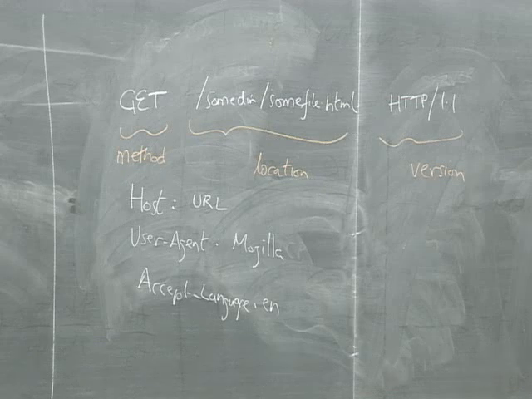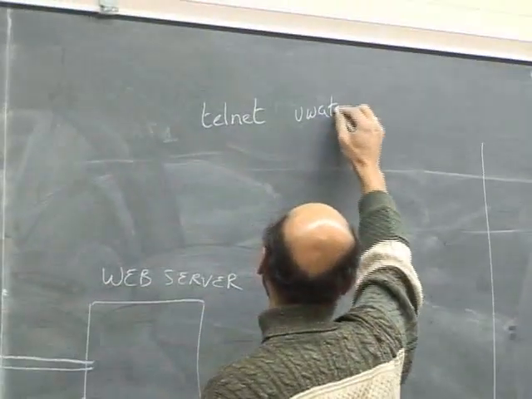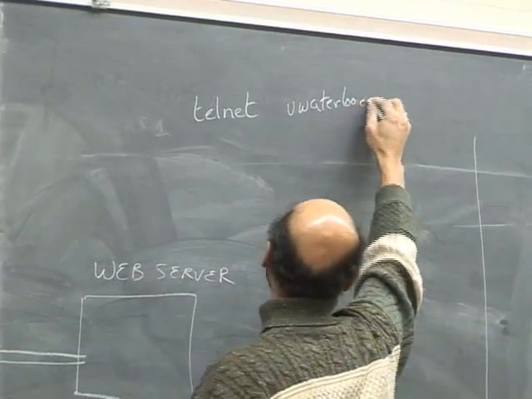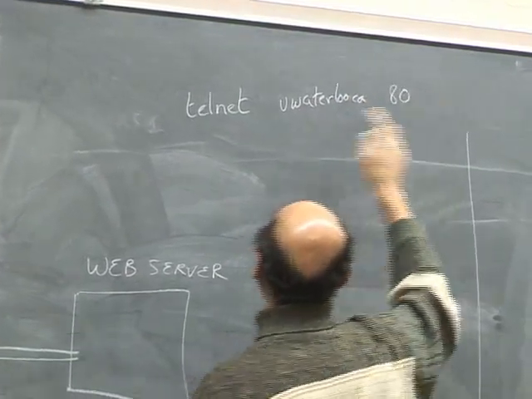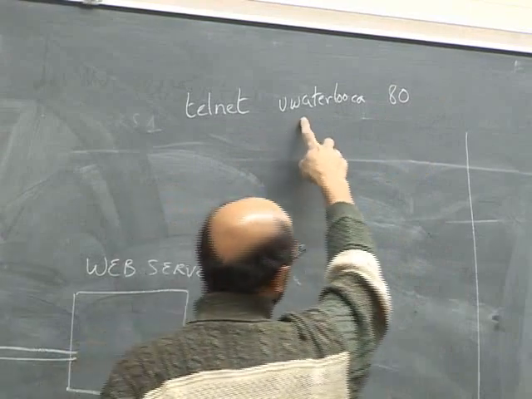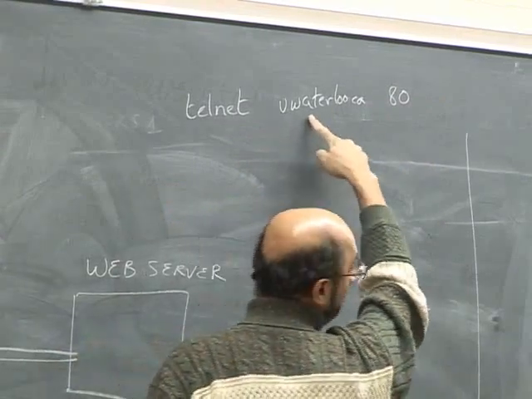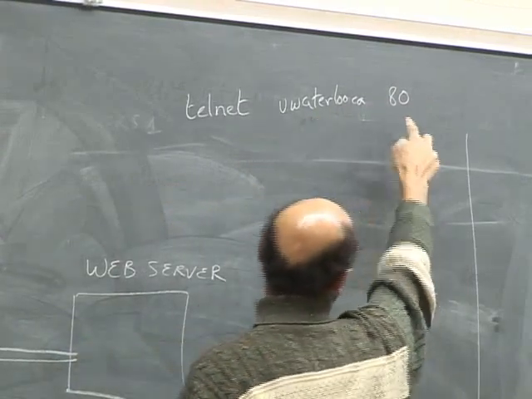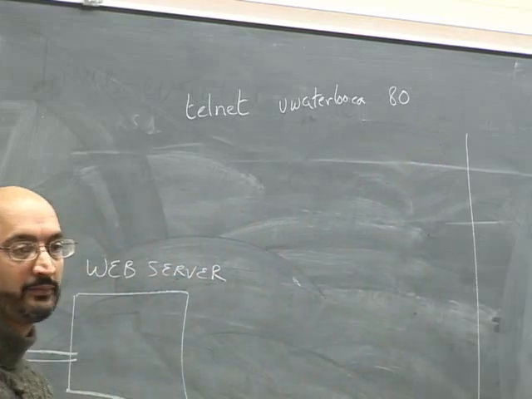If any of you have used the telnet command, you can just do telnet on your command line. Telnet, let's say uwaterloo.ca, and you can say 80. That means connect to this name, which corresponds to a particular IP address. You'll see how that happens in a minute. On port 80, and you'll be connected to the Waterloo web server.